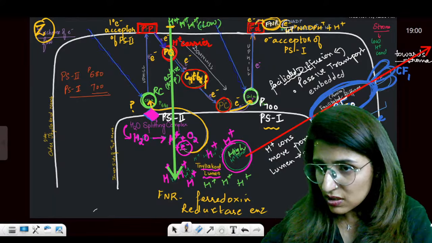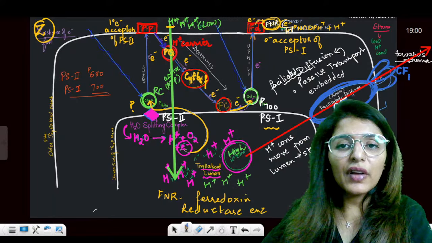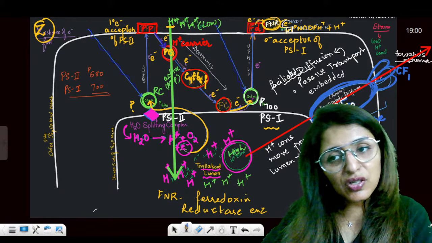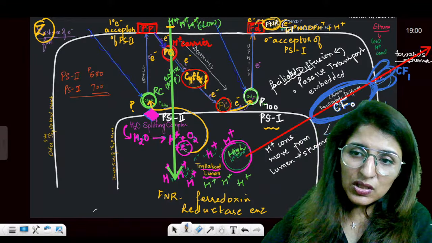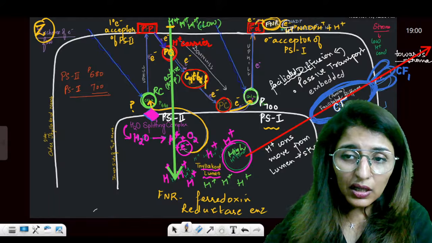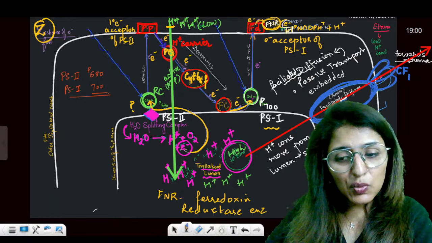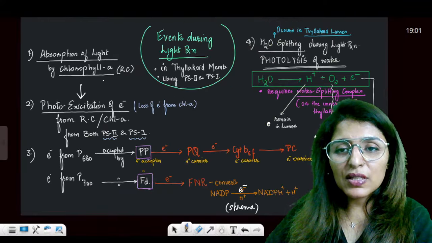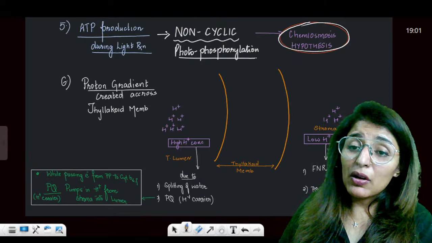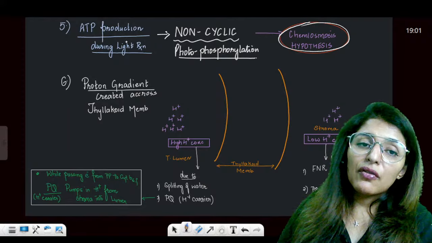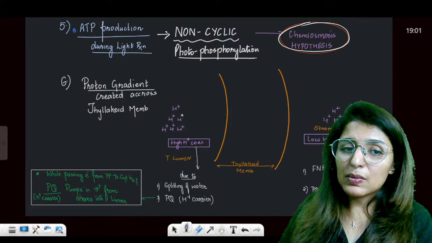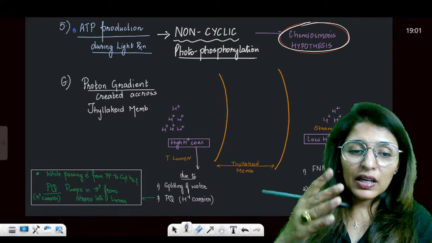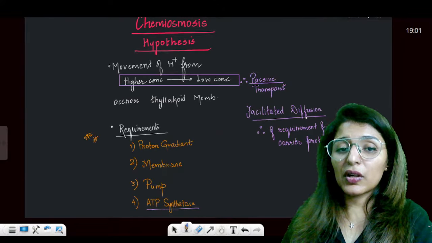See, what is osmosis? Osmosis is the flowing of water from high concentration to low concentration across a membrane, right? So here, instead of water, it is the H positive ions which are flowing. So we called it chemiosmosis. The chemiosmosis hypothesis explains ATP production. Are these points clear? So a proton gradient was created, and this proton gradient ultimately helped in ATP production.